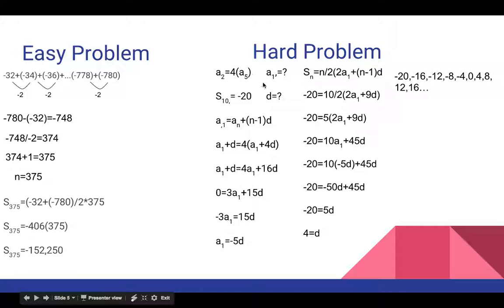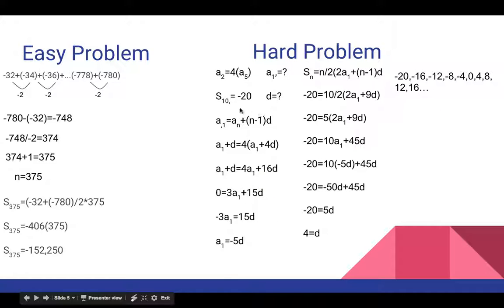As we said here, A2 is 4 times bigger than A5. So A2 is right here, and then we go 2, 3, 4, 5. Is that true? Yes, that is true.